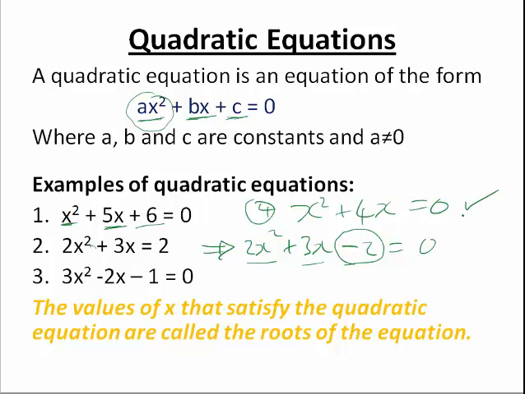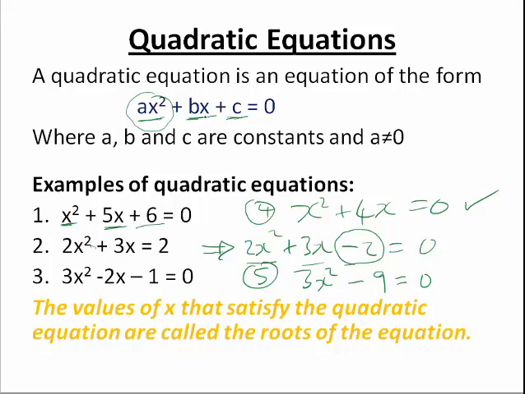Then another form I need to quickly add here is that we can have 3x squared minus 9 is equal to 0. Is this a quadratic equation? Yes. We have value for 3x squared, then the constant.